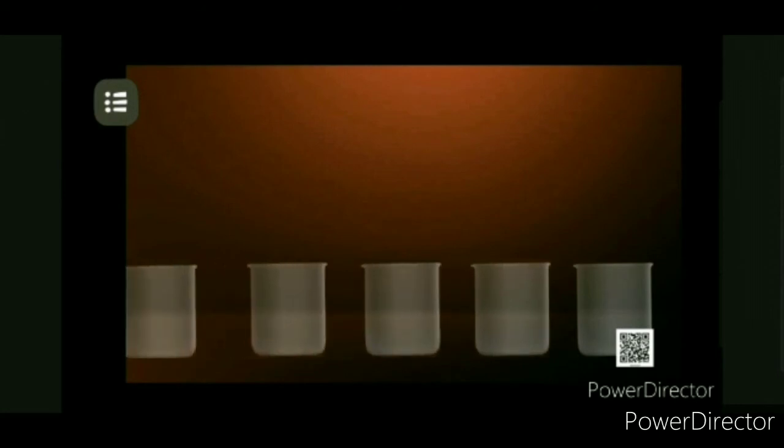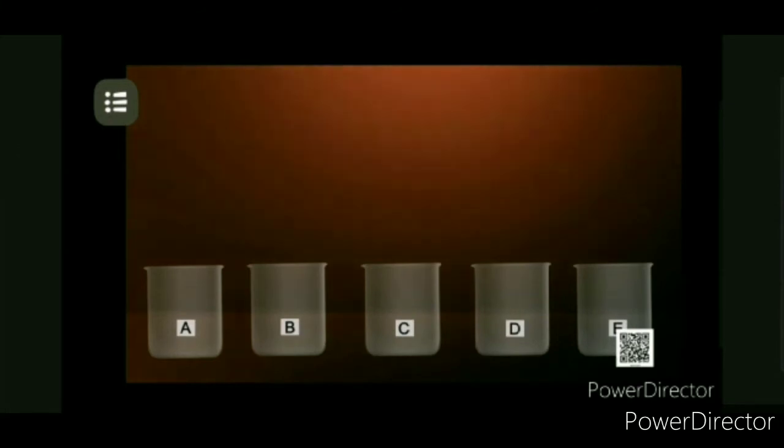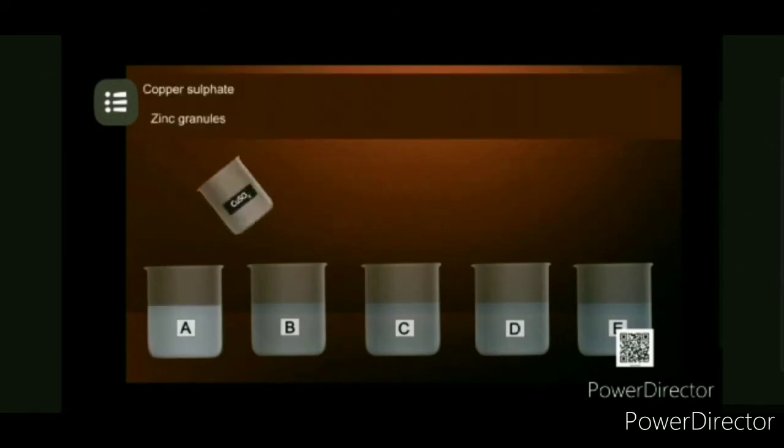Take 5 100 ml beakers and label them as A, B, C, D and E. Now take about 50 ml of water in each beaker.